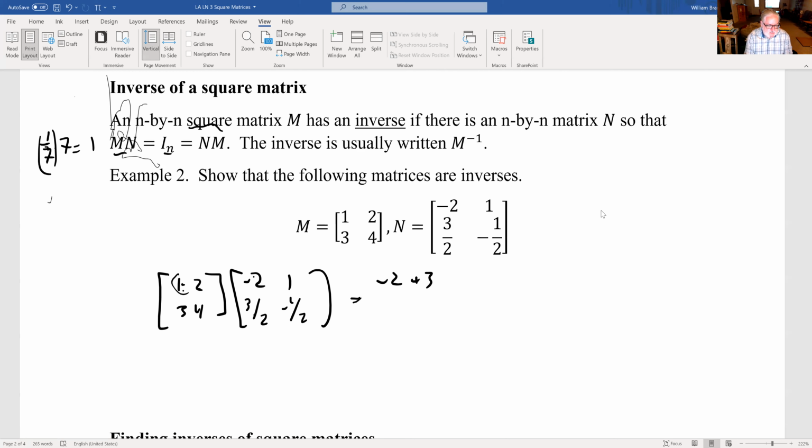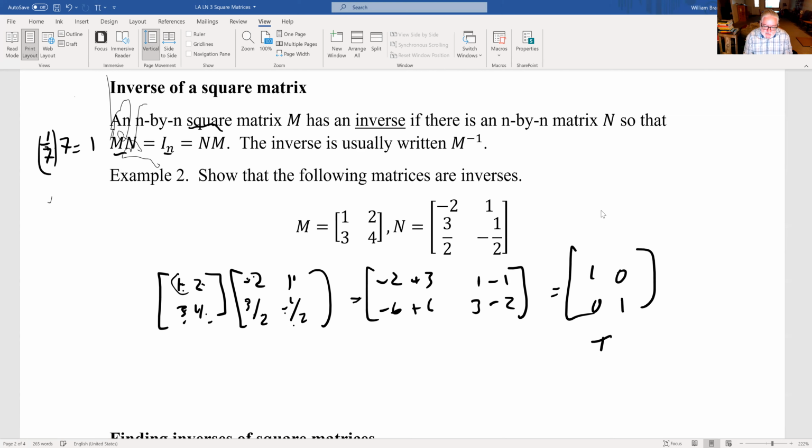Then we multiply first row times second column: 1 times 1 is 1, plus 2 times -1/2, which is -1, giving 0. 3 times -2 is -6, 4 times 3/2 is 6. 3 times 1 is 3, 4 times -1/2 is -2. And what do we get? We get the identity matrix. So these two things are inverses, because when you multiply them together, you get the identity matrix.